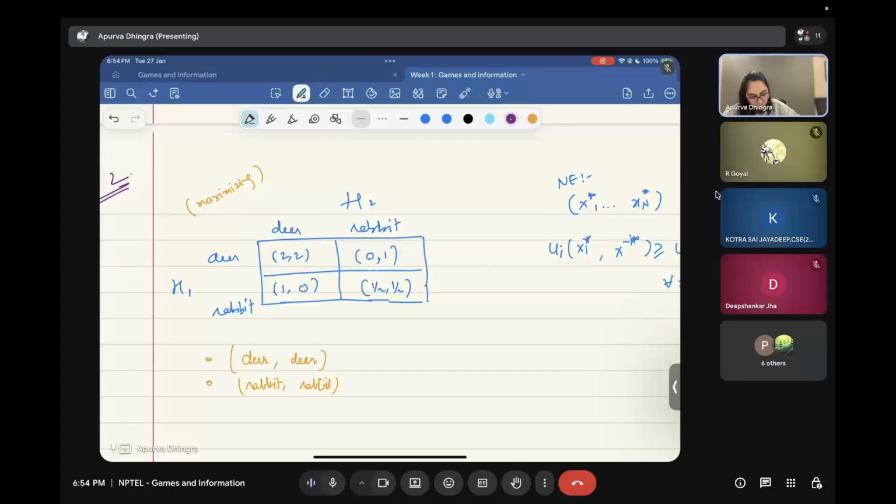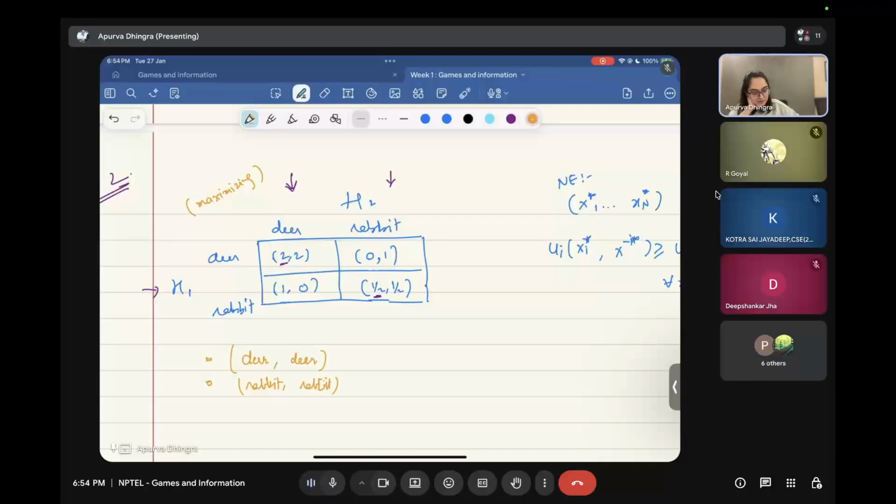You start by looking at what hunter 1 does, assuming hunter 2 has chosen deer, and then look at its own payoff. So now it's looking at 2 and 1. Between 2 and 1, since it's maximization, it would prefer deer. Similarly, if it looks at the other one, between 0 and half, it would prefer half.